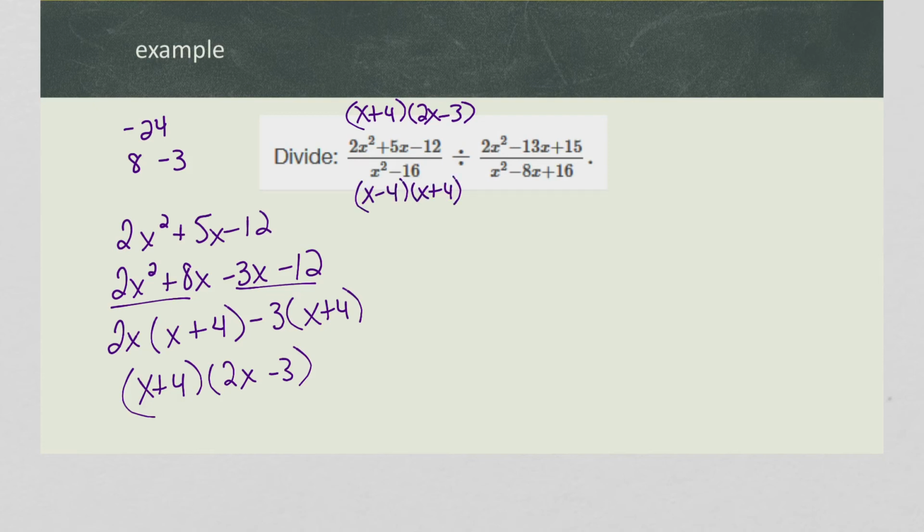This numerator over here, so on the right side, I'm going to do 2 times 15 is 30. I want factors of positive 30 that add up to be negative 13, and that's negative 3 and negative 10. So I'm going to do the same thing over here. So 2x squared minus 13x plus 15, and I'm rewriting the middle term using these guys.